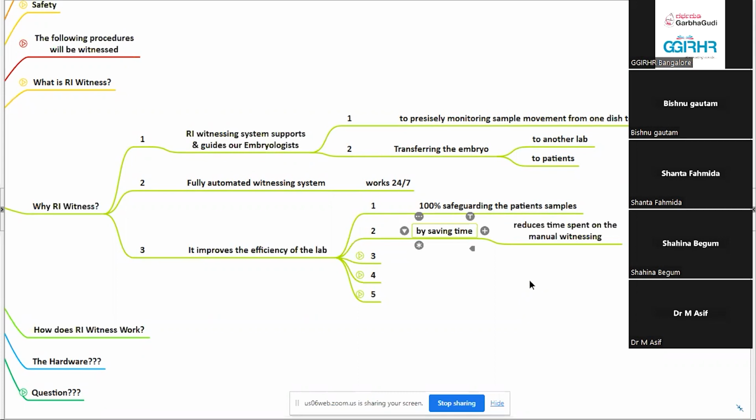Otherwise we have to write, we have to know again and again, repeat it, all those things we usually do in our labs. So all those things are avoided. It absolutely saves the time. Thirdly, it removes potential human errors. You know that however perfectly humans do it, still there will be some errors.